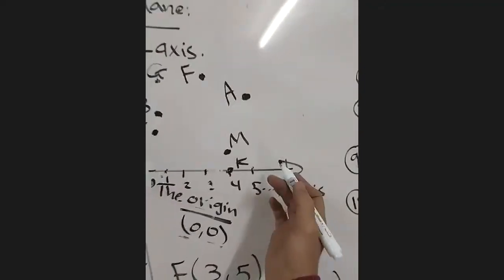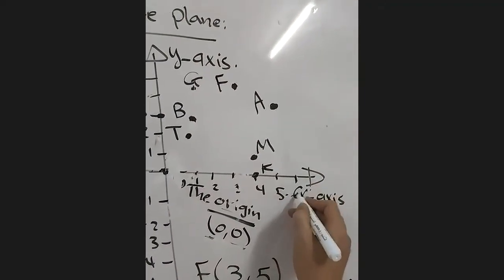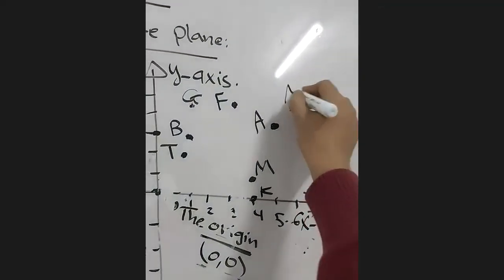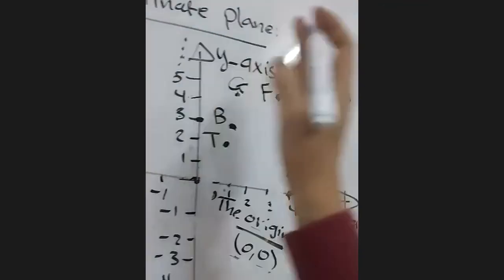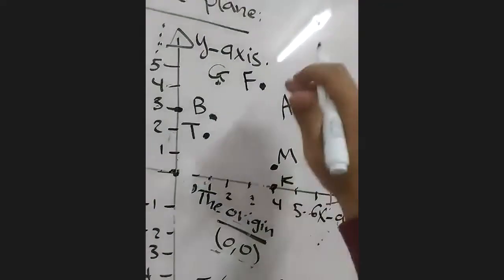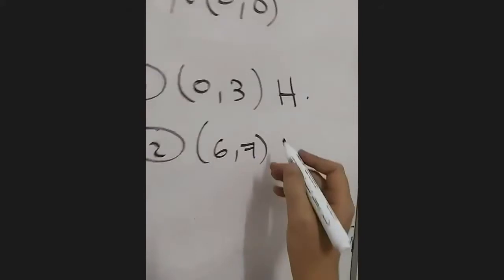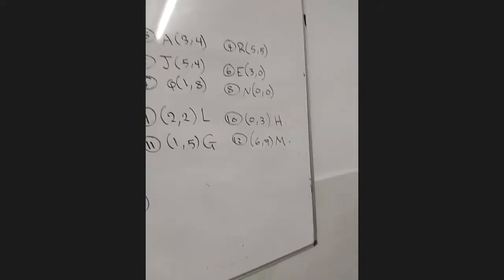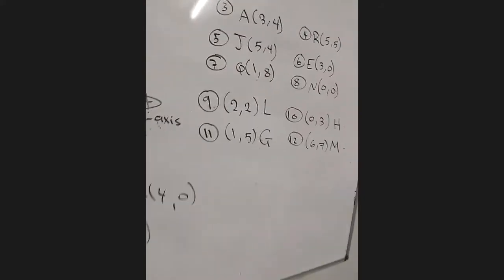How do we do it, guys? We go from 6 on the x-axis and go up until you have 7 here. You will find the point M. Do not go from y to x. No. Go from x to y always. So this is the point M. This is question 12.